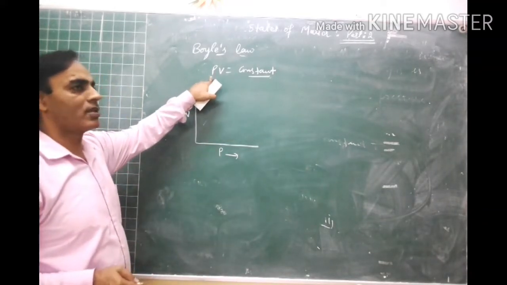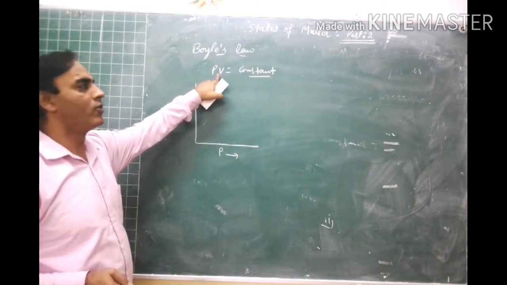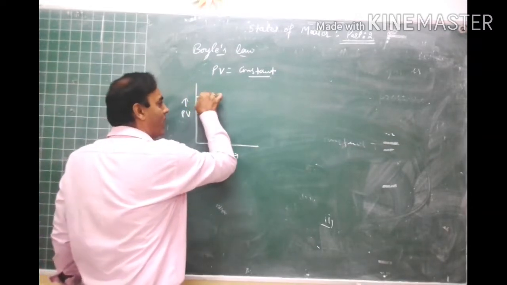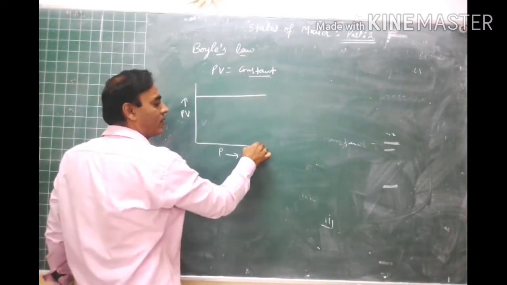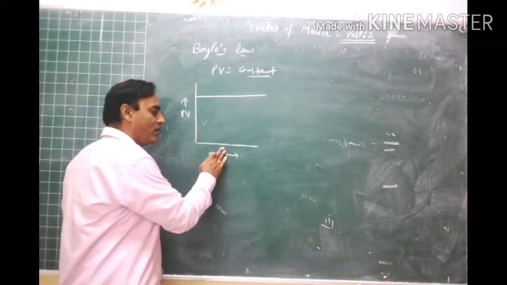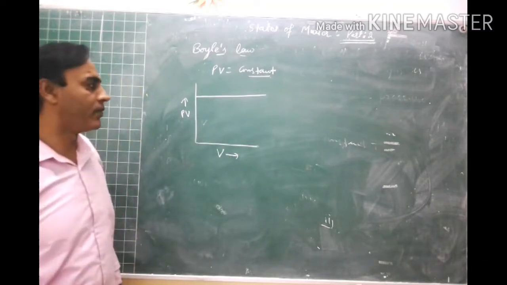Whether you increase pressure or decrease pressure, or you increase volume or decrease volume, this product remains constant. That is, you will get a line parallel to the x-axis. Similarly, if you plot V here, then we will get the same type of graph.